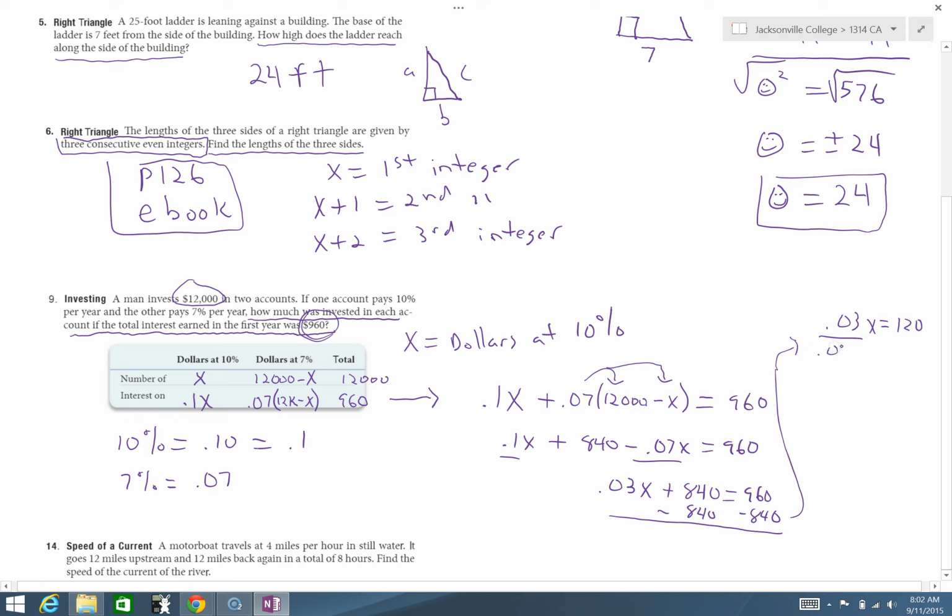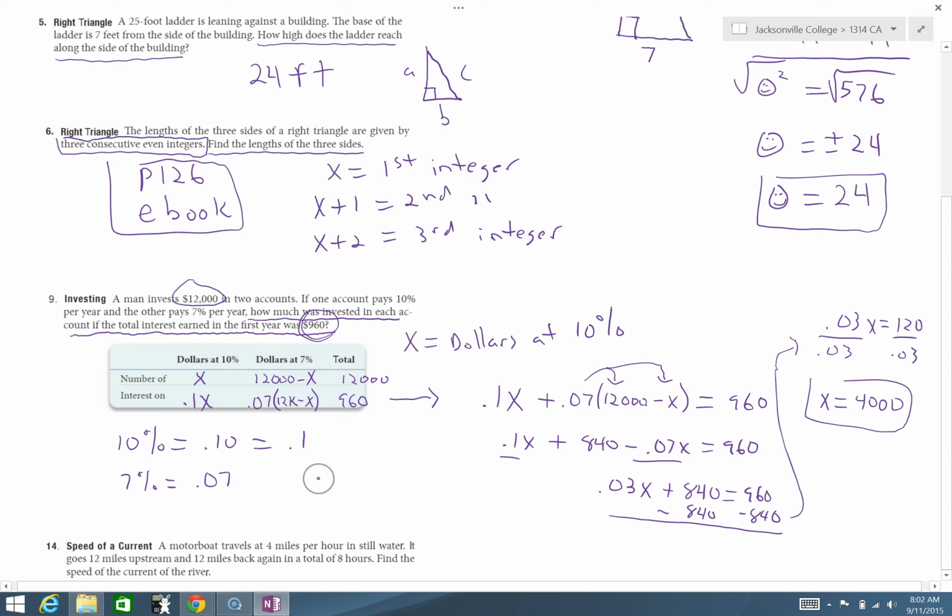Dividing both sides by 0.03, x equals 4,000. X is 4,000. What was X? It was his dollars at 10%. So the rest, 12,000 minus 4,000, he invested 8,000 at 7%.